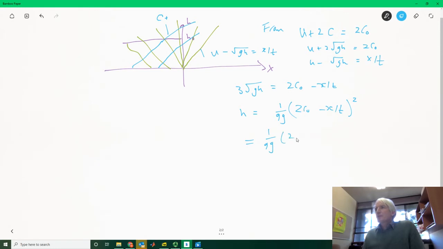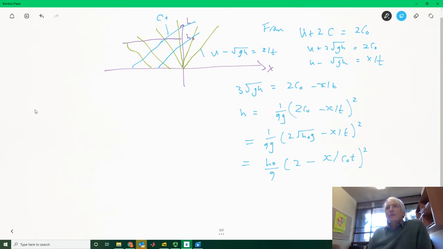C naught is 2 square root of H naught G, minus X over T squared. And then I can pull this square root of H naught G out. So I get H naught over 9, 2 minus X over C naught T squared.